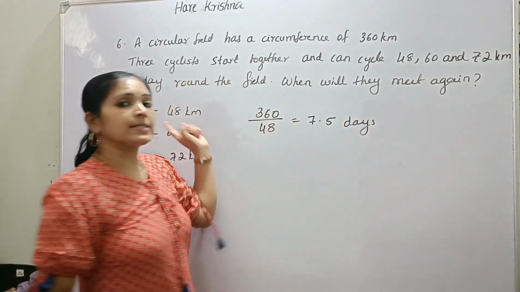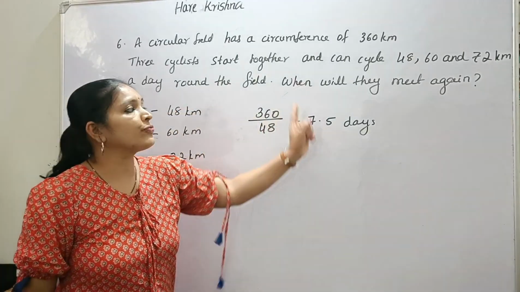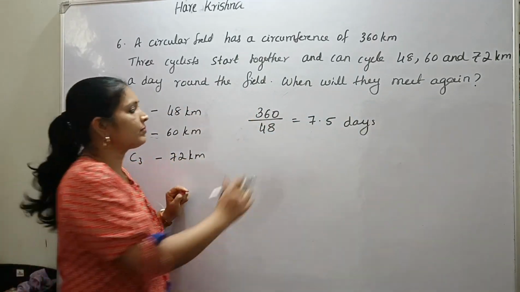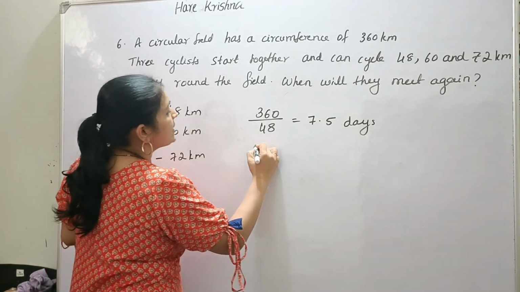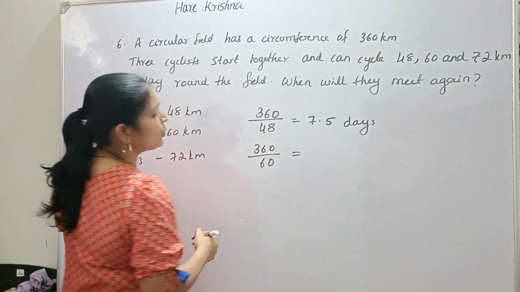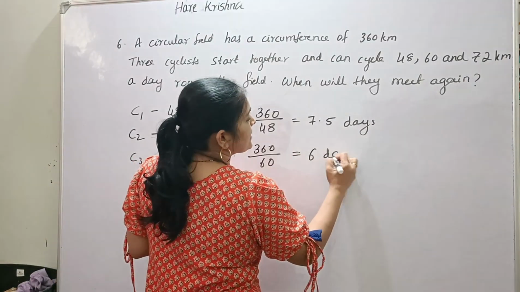So the first cyclist takes 7.5 days to travel 360 kilometers for one round, and for the second cyclist, 360 divided by 60 is equal to 6 days.